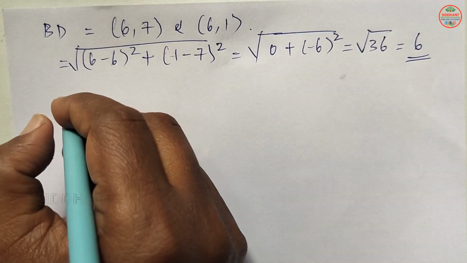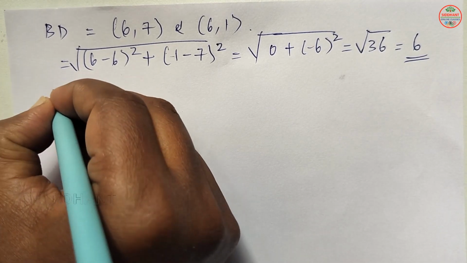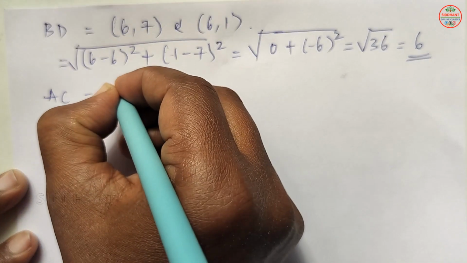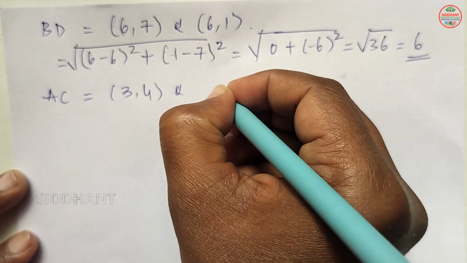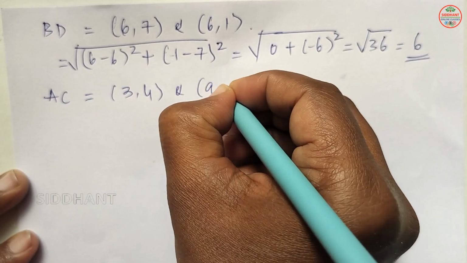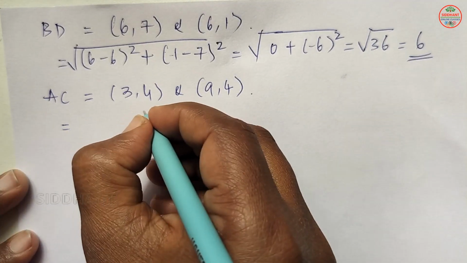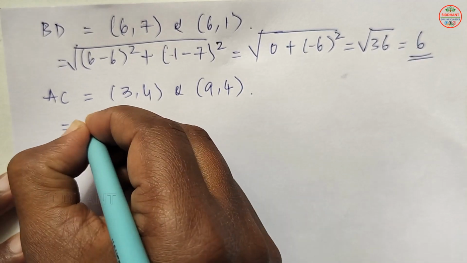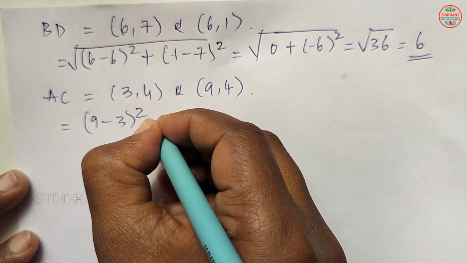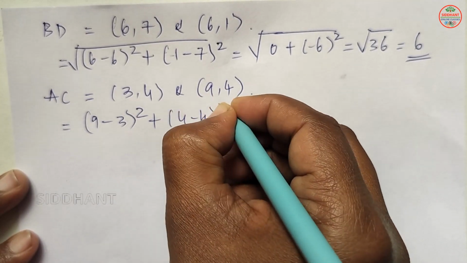Next we are going to see AC. The AC points are (3, 4) and (9, 4). So x2 minus x1, 9 minus 3, whole square plus y2 minus y1, 4 minus 4, whole square.